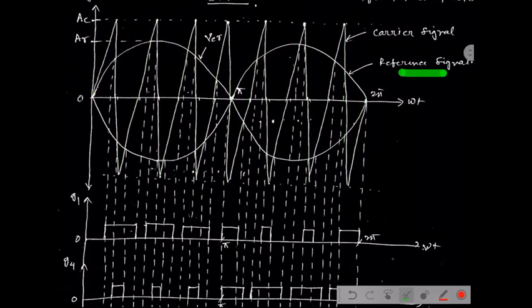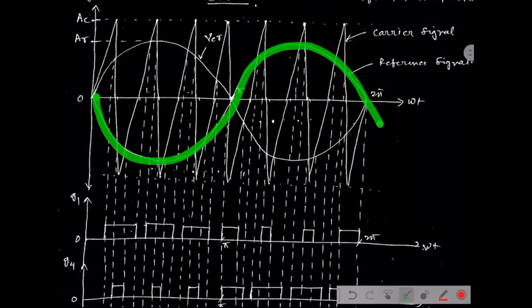In the case of the reference signal, we are using a sine signal defined by Vm sin omega t, and another that is phase shifted by 120 degrees, called Vm sin omega t minus 120 degree.